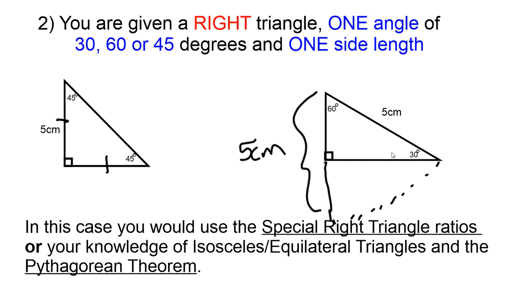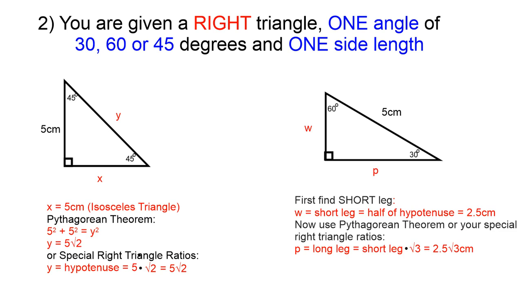That gives you the short leg, which now you know would be 2.5. Then you can use the Pythagorean theorem. Or again, like I said, you can use your ratios that you just learned about. And here I've done it out. In this case, you can use the Pythagorean theorem or use your ratios.